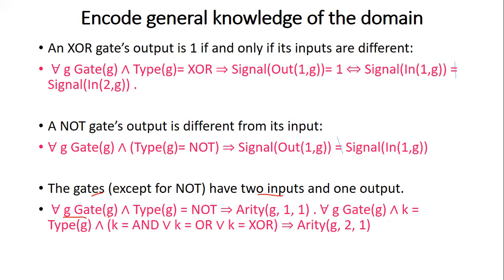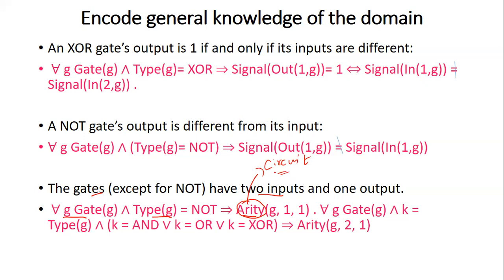For all G, gate of G and type of G equal to NOT. If the type of the gate is a NOT gate, then it implies arity G comma 1 comma 1. This arity is a term which we are using to represent the circuit.